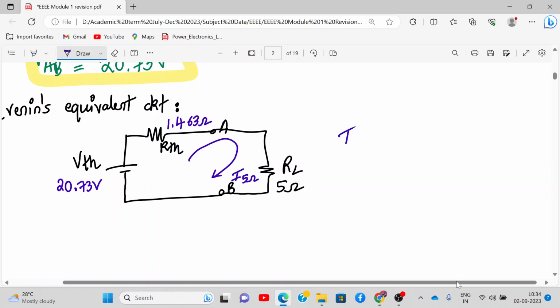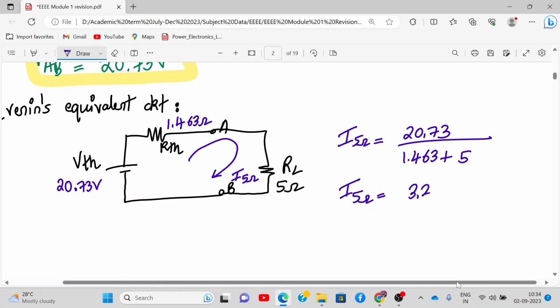And that is very easy from here, right? So current flowing through 5 ohm resistance will be 20.73 divided by 1.436 plus 5. So calculate this number. This will come out to be 3.2 amperes. And that's the answer.